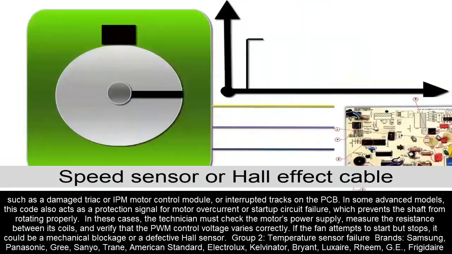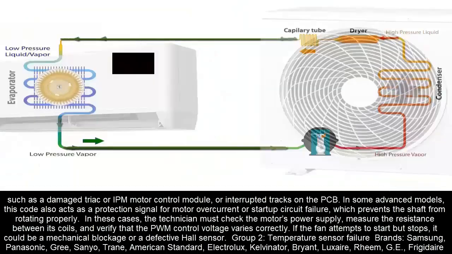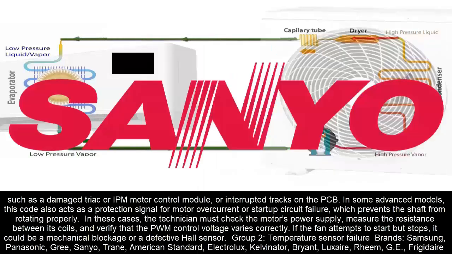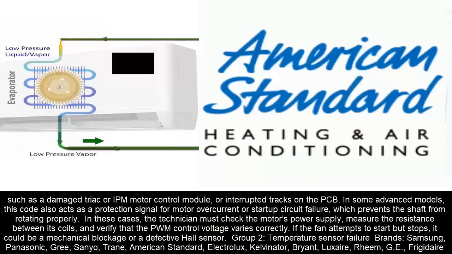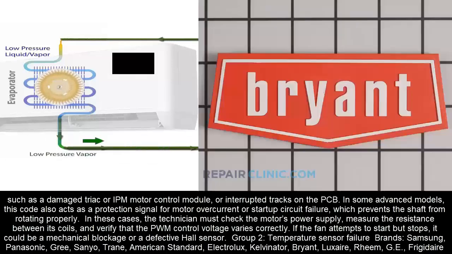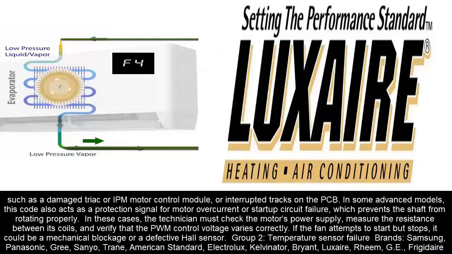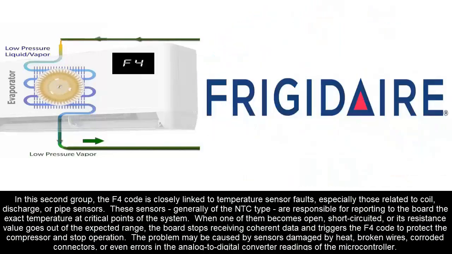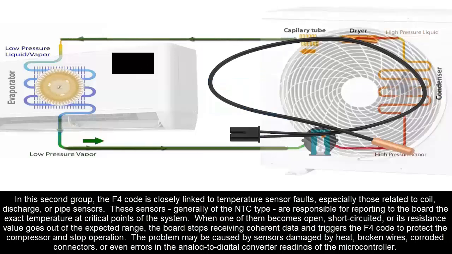Group 2. Temperature sensor failure. Brands: Samsung, Panasonic, Gree, Sanyo, Trane, American Standard, Electrolux, Kelvinator, Bryant, Luxair, Rheem, GE, Frigidaire. In this second group, the F4 code is closely linked to temperature sensor faults, especially those related to coil, discharge, or pipe sensors.